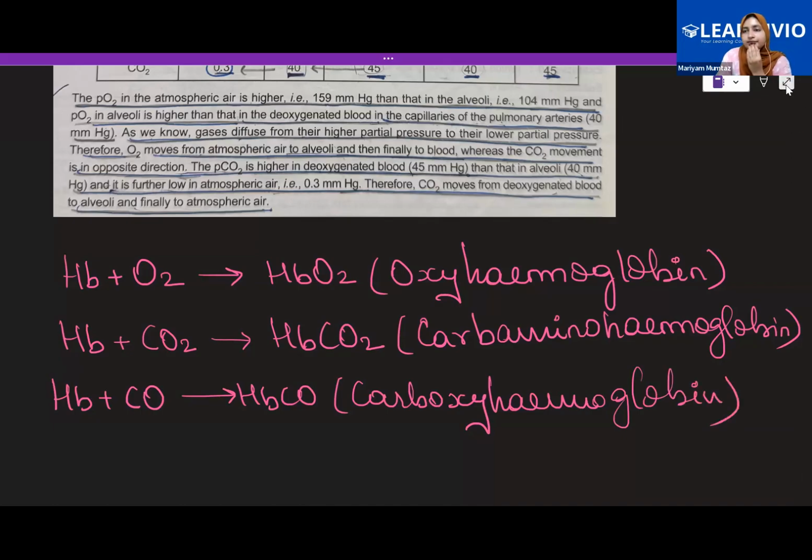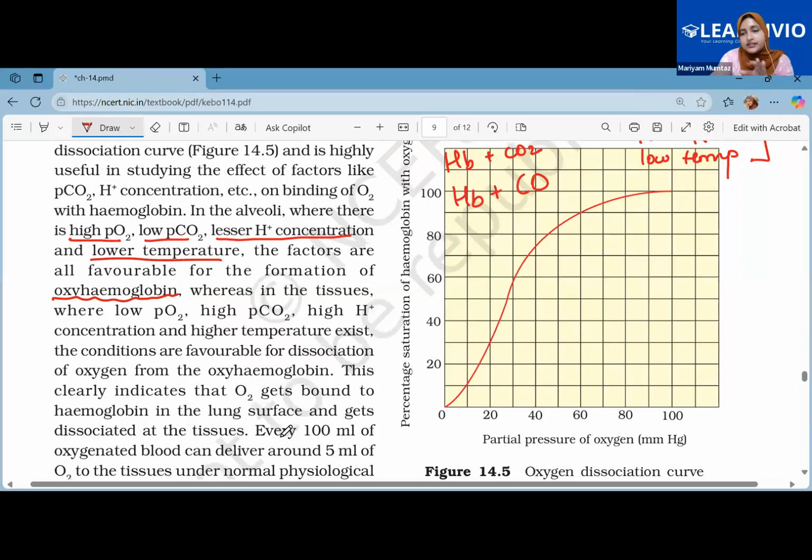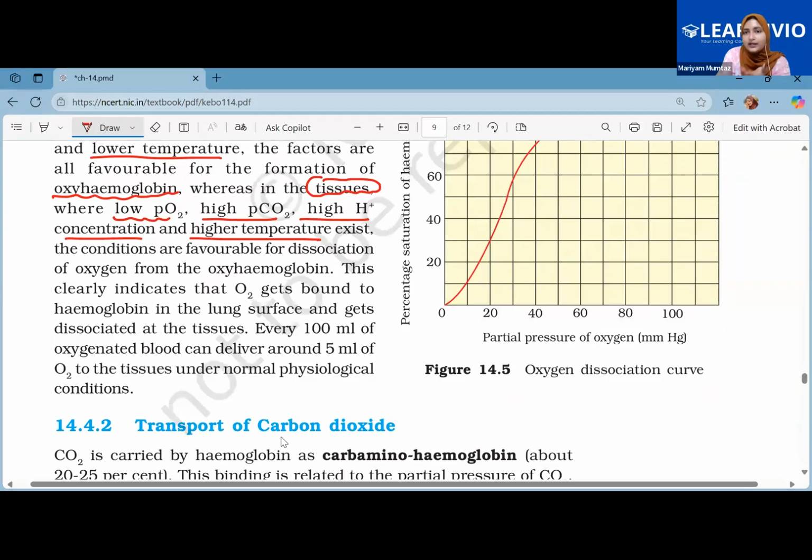Now let us move forward. If you reverse the situation, if the partial pressure of oxygen is less and there is high PCO2, high H plus concentration and high temperature, where does this exist? It exists in the tissues, the body cells. Then the oxygen will dissociate from the oxyhemoglobin and get supplied to the tissues which need it, because the tissues will die if they don't get oxygen.